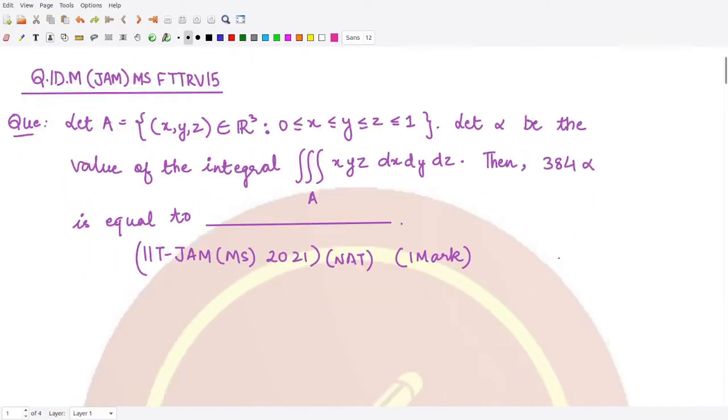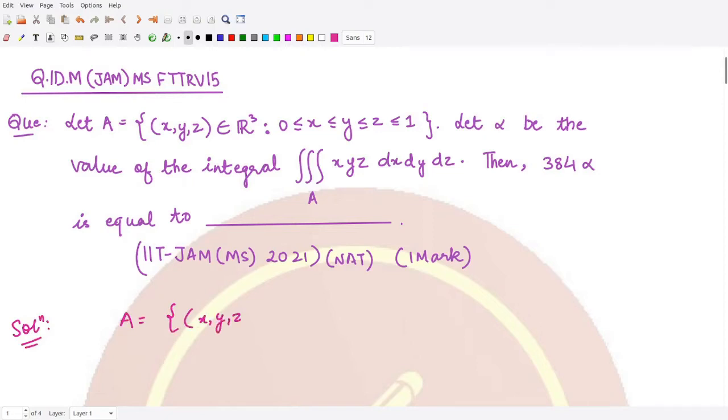So in order to solve this, you should know what this region is. For the solution, we firstly have to see what our region is and how we determine the limits in this case.